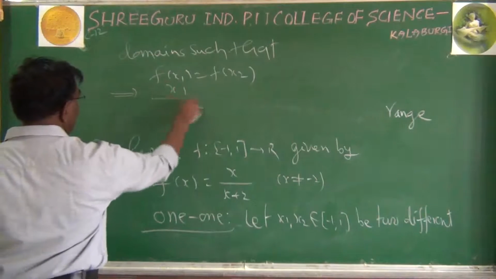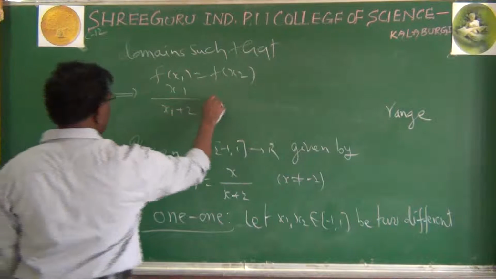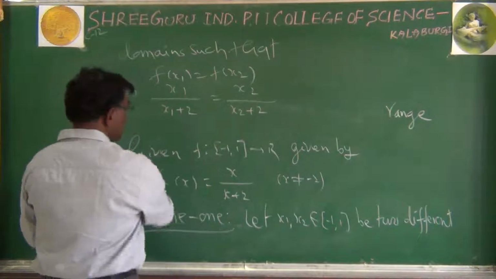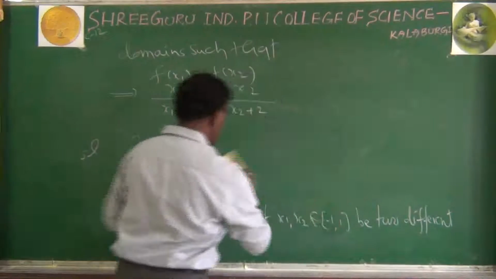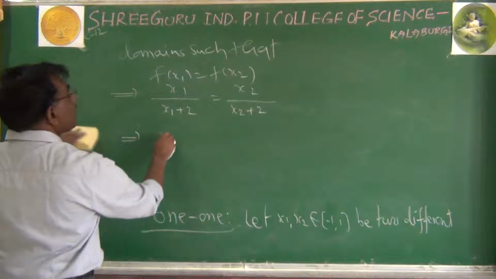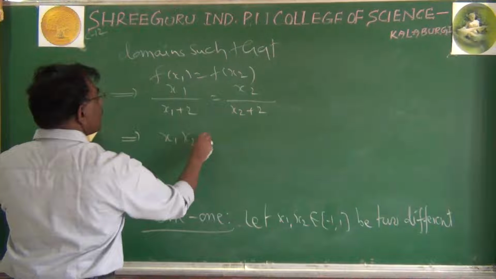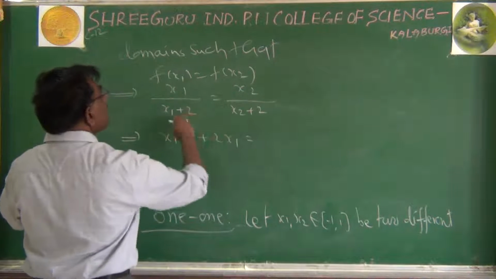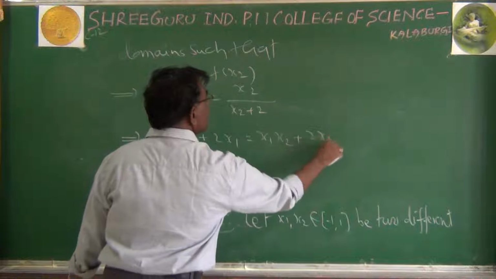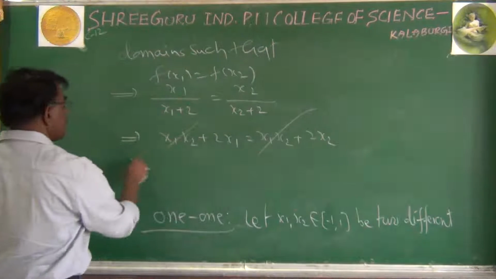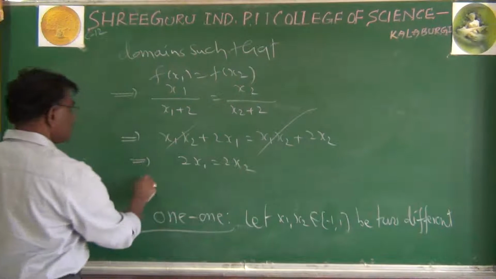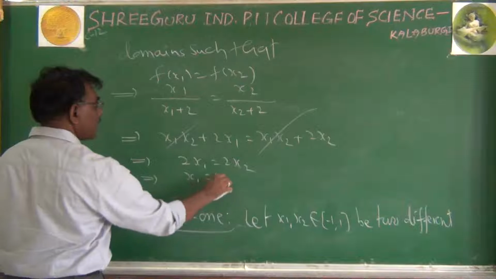So x1 divided by x1 plus 2 equals x2 divided by x2 plus 2. We have to prove x1 equal to x2. It implies x1 x2 plus 2x1 equals x1 x2 plus 2x2. So x1 x2 cancel. It implies 2x1 equals 2x2, and it implies x1 equal to x2.